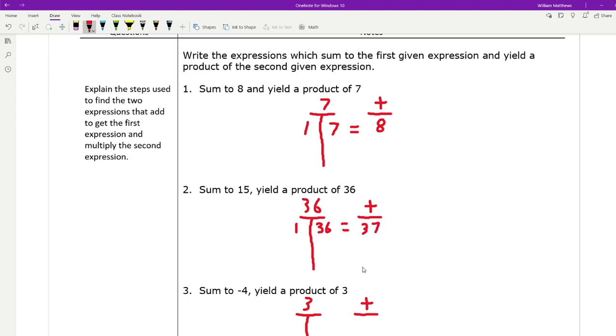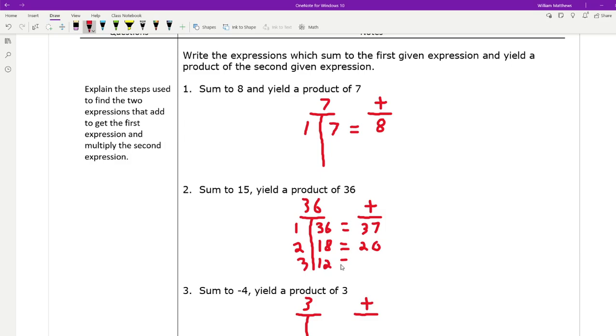So then we would go to the next factors. 2 and 18. Yet again, when we add these up, we will get 20, not the number that we are looking for. So we move on. 3 is a factor. 3 times 12 gives us 36.